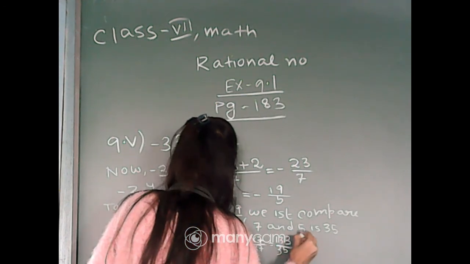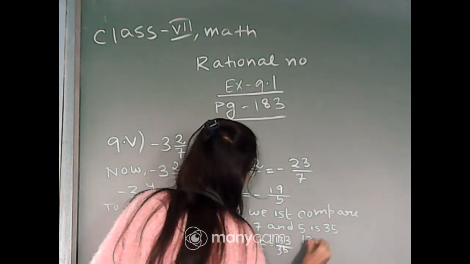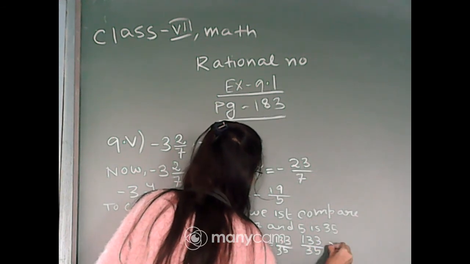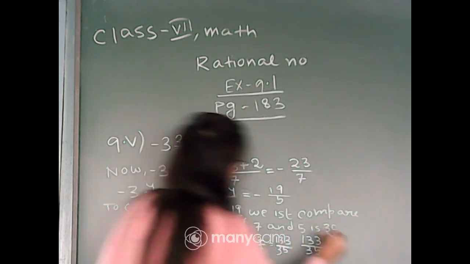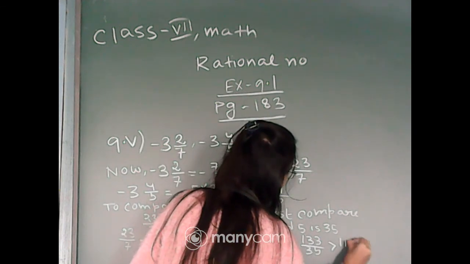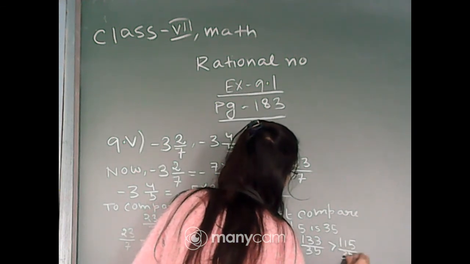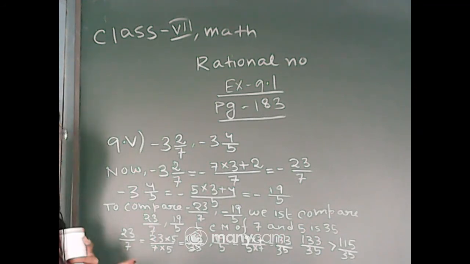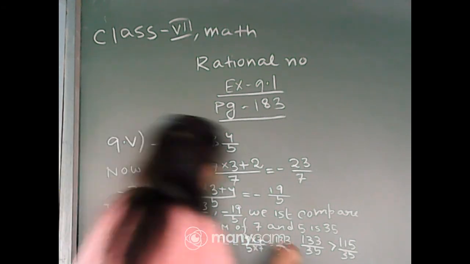And clearly 133 divided by 35 is greater than 115 divided by 35. So, when we multiply both sides of greater than by negative sign, greater than will be less than.